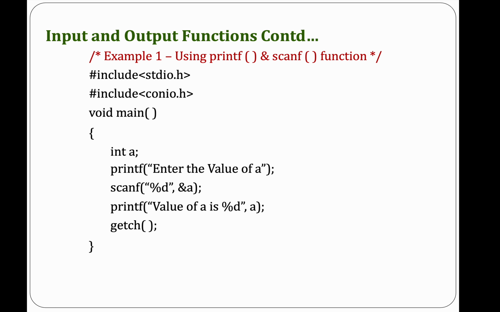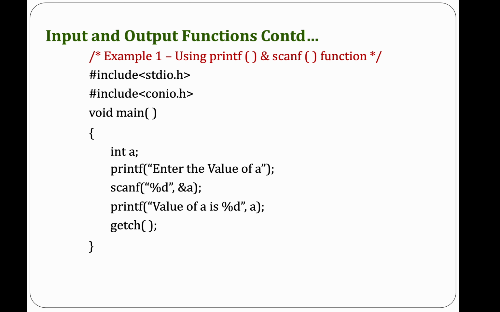This is just a normal English statement which is just going to print. And the next line, the scanf statement, %d, yes, the control specifier, comma, address of a, or ampersand a. Whatever input you give will be stored in the variable a.